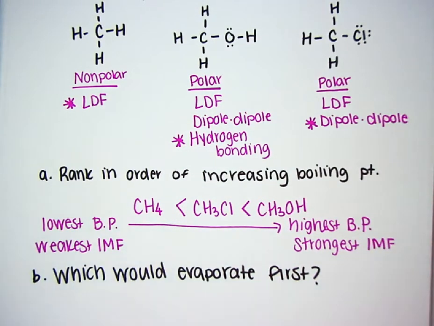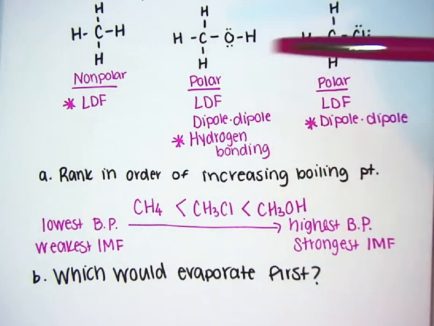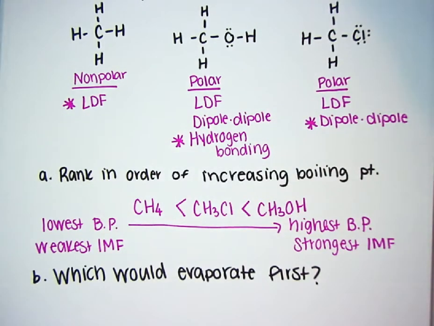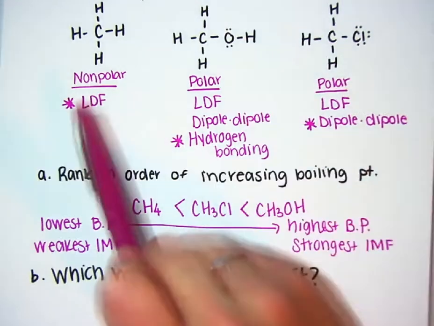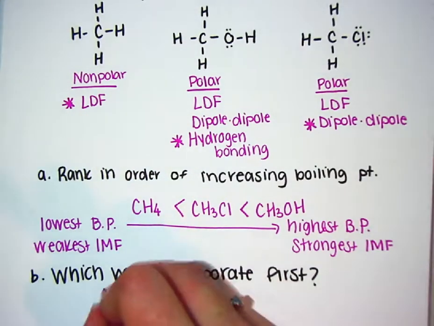Well, our trend for evaporation is the stronger the intermolecular force, the longer it takes to evaporate. If we have a really strong intermolecular force like hydrogen bonding, it's going to take a very long time to evaporate. Those strong forces are going to keep those molecules together in the liquid state. The weaker the intermolecular force, the faster it would evaporate.